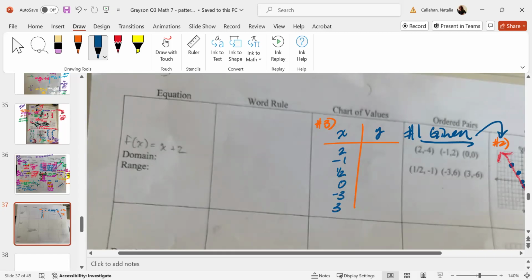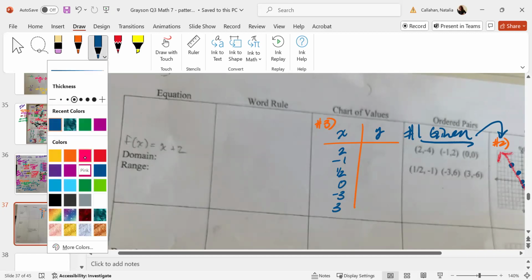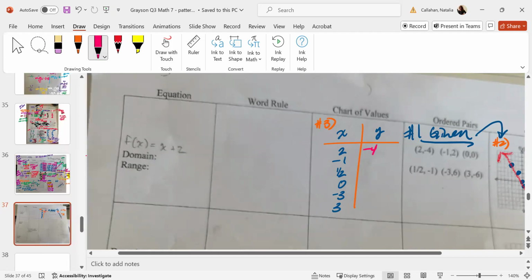Write down the Y values. Write it down. Oh, good. I'm glad you got that one done. What's the next one that we can find?